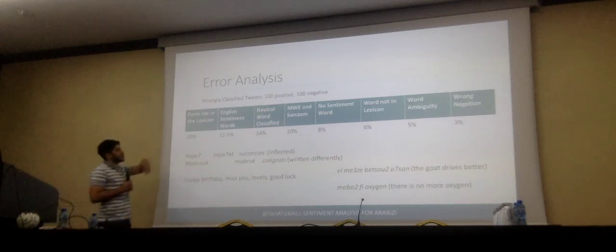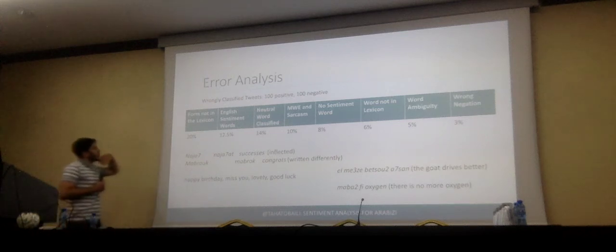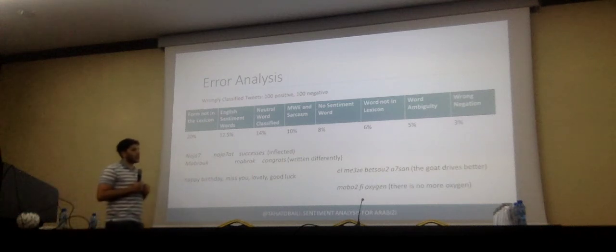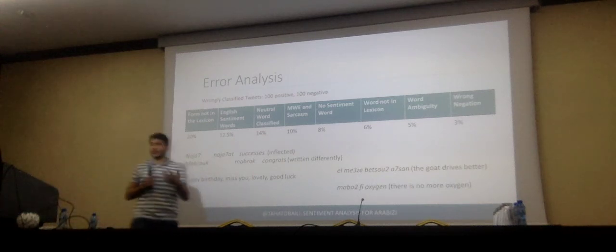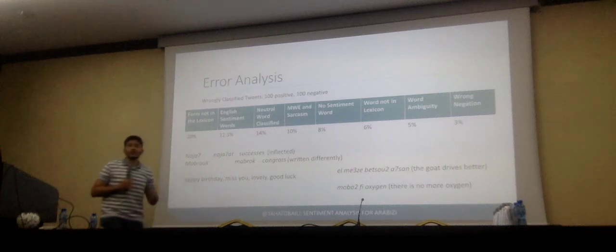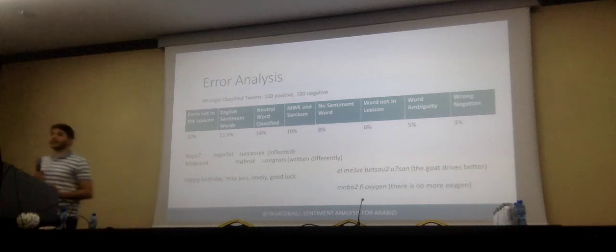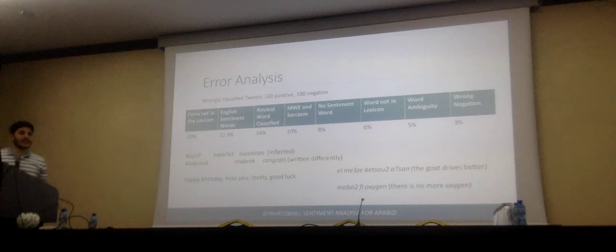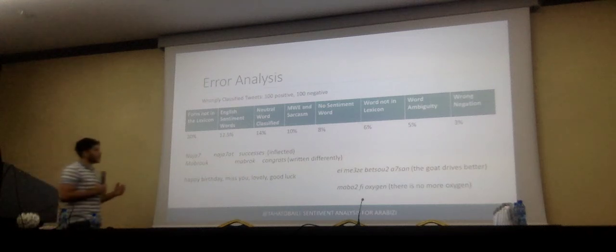So this is the distribution of errors. Form not in the lexicon, similar to the first problem. Although the recall was increased by 25%, still, because the language is so rich in morphology and each morphological variant can be written in different ways, the lexical sparsity is so high.